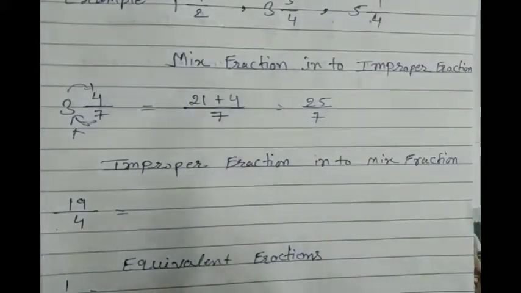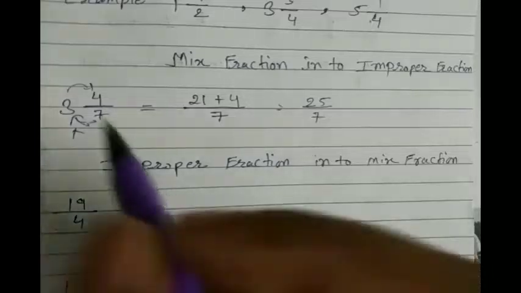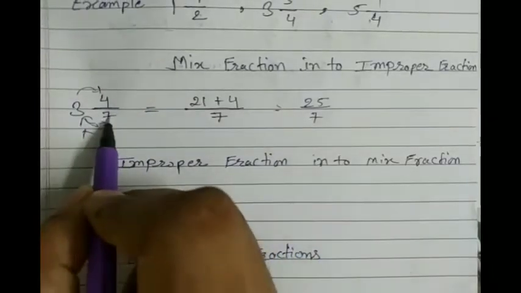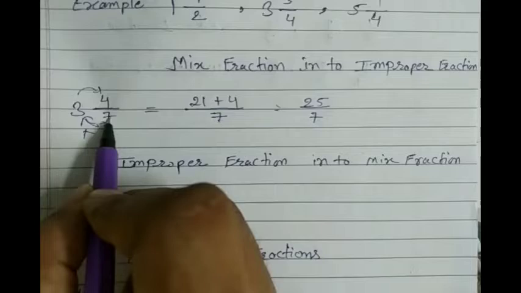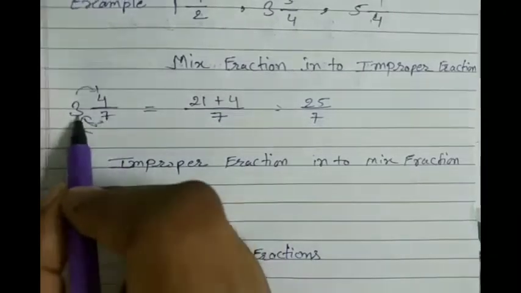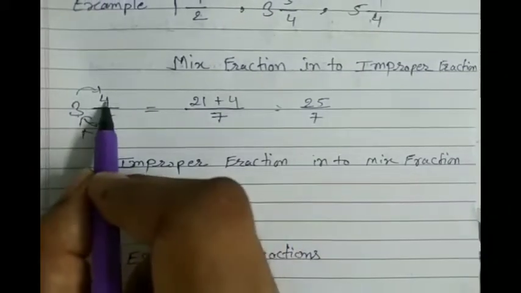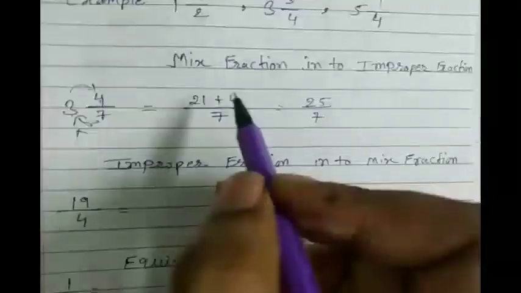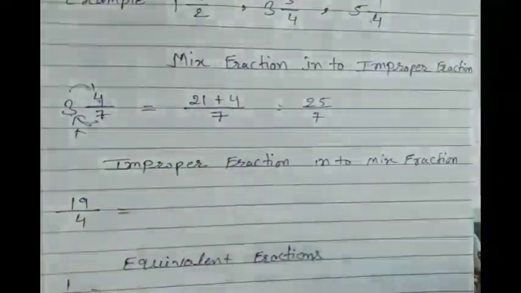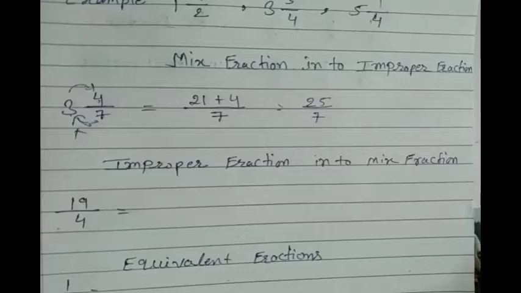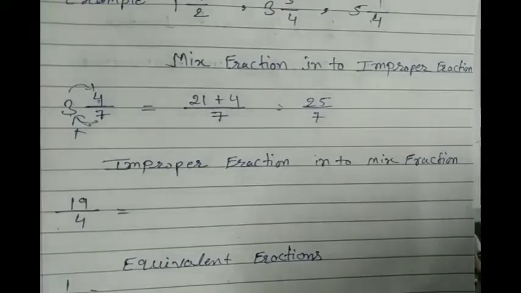So when we have to convert a mixed fraction into an improper fraction, we have to multiply the denominator of the fraction part with the integer. 7 threes are 21 plus 4, we get 21 plus 4 is equal to 25 upon 7. In such a way, you can convert the mixed fraction into an improper fraction.